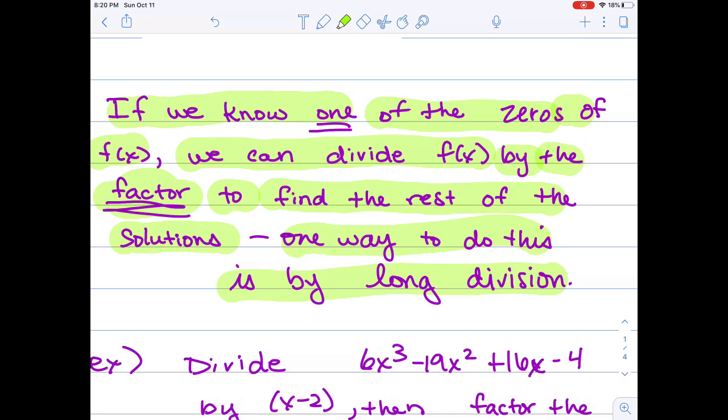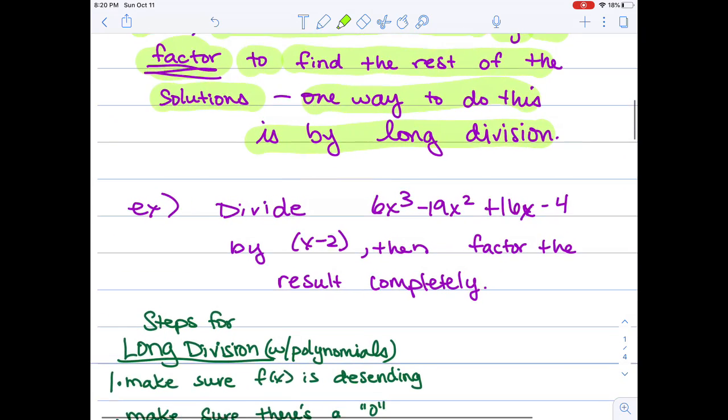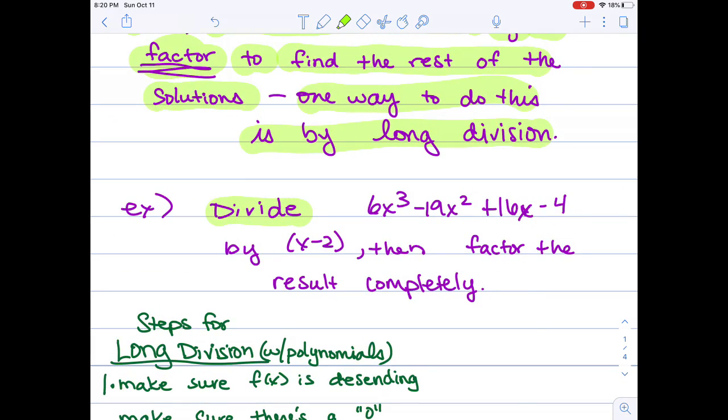So we're using long division if we know one of the solutions to find the rest. So for example, we're going to divide 6x cubed minus 19x squared plus 16x minus 4 by x minus 2. Remember, that would be a solution of x equals 2, but as a factor, we write that as x minus 2. Then we're going to factor the result completely.